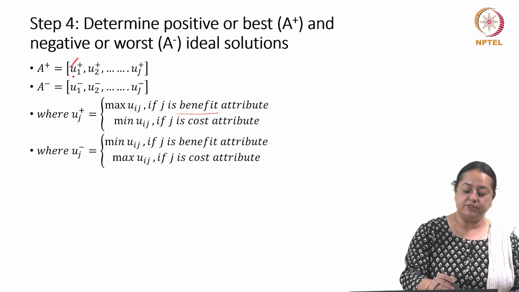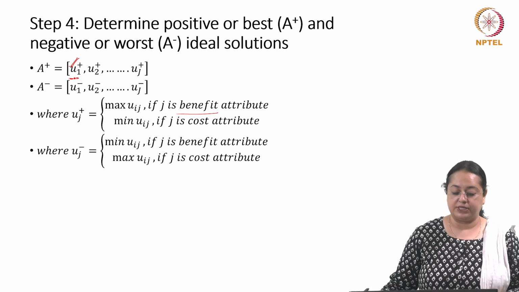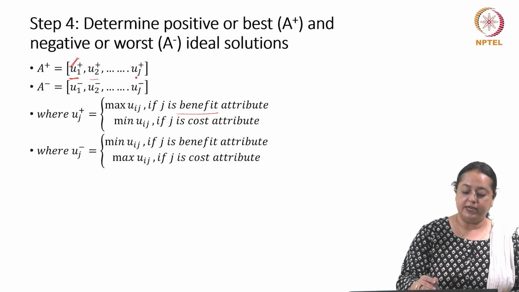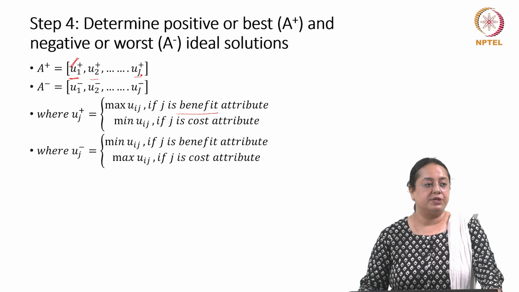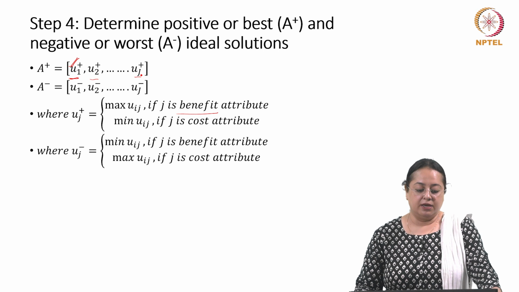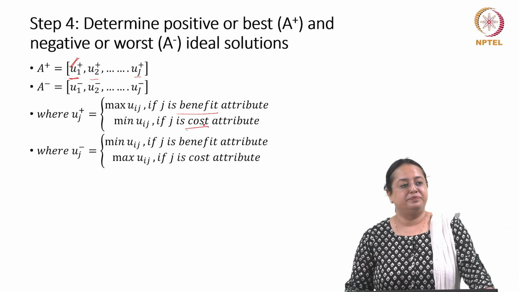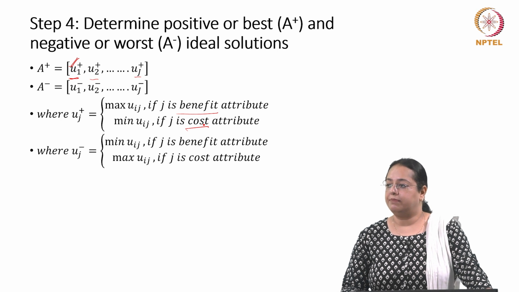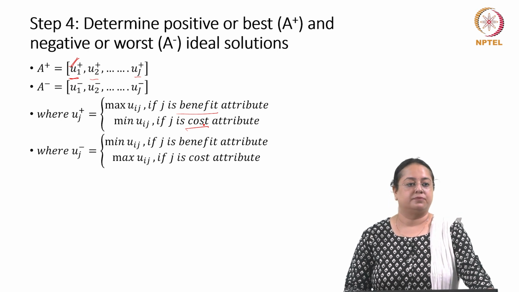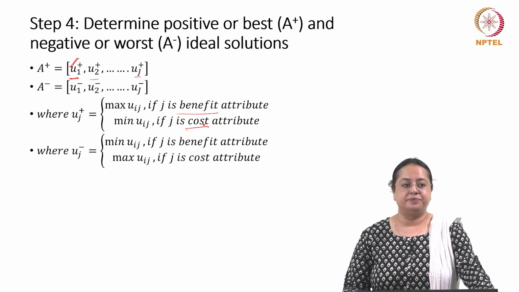That means for the first attribute I will get this one, then the second, and so on for all attributes. And when the cost attribute comes, what do we mean by cost attribute? Any idea?